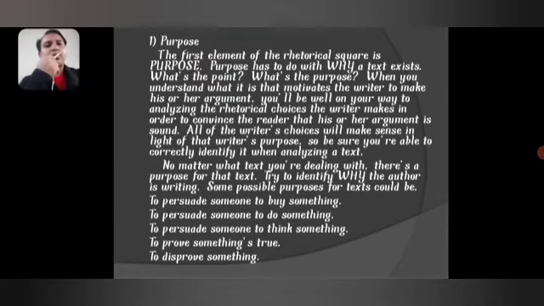When you understand what motivates the writer to make his or her argument, you will be well on your way to analyzing the rhetorical choices the writer makes in order to convince the reader that his or her argument is sound. All of the writer's choices will make sense in light of that writer's purpose.